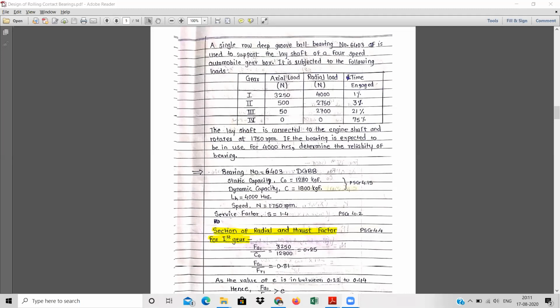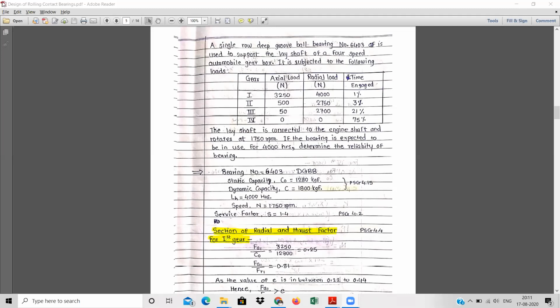Static capacity is 1280 kgf and dynamic capacity is 1800 kgf. Expected life is 4000 hours. Speed is 1750 rpm, which is not varying with the condition.